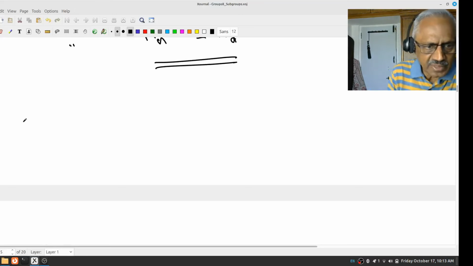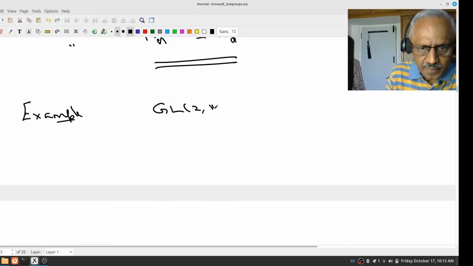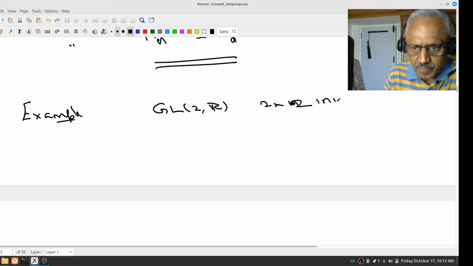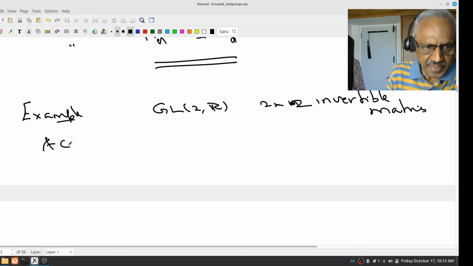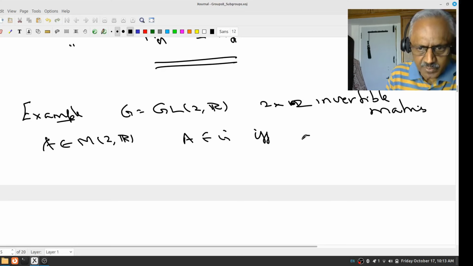Now let us look at one example. Remember GL2R? This is 2 cross 2 invertible matrices. Therefore a matrix A in M2R, that is a 2 by 2 real matrix, belongs to GL2R, this is my G, if and only if the determinant of A is non-zero.